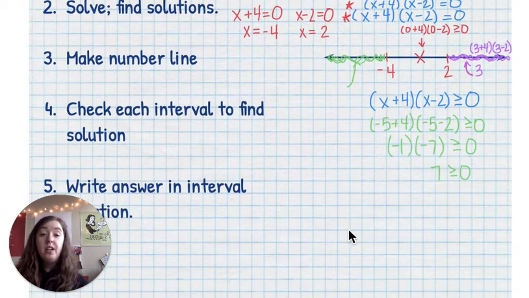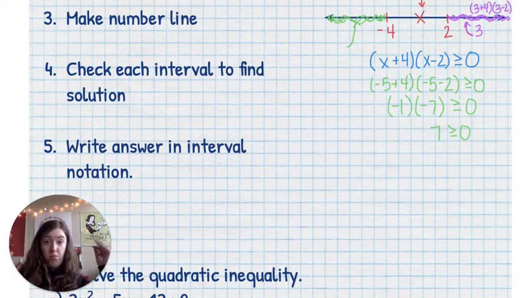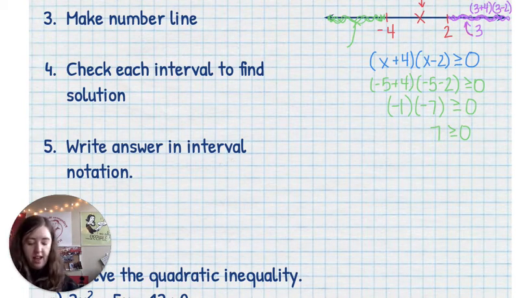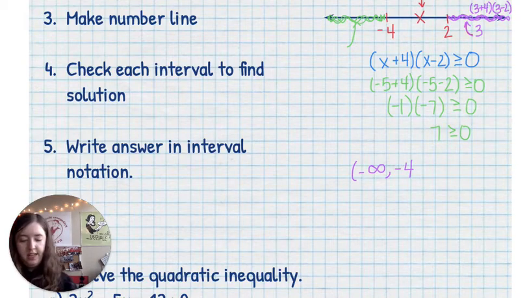So now we're going to write that answer in interval notation. So I have values from negative infinity all the way up until negative 4. Now, I have an or equal to on all of these.